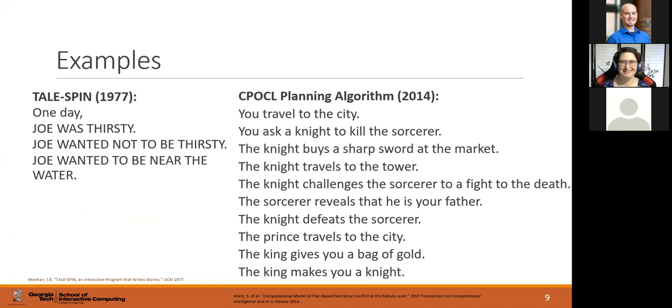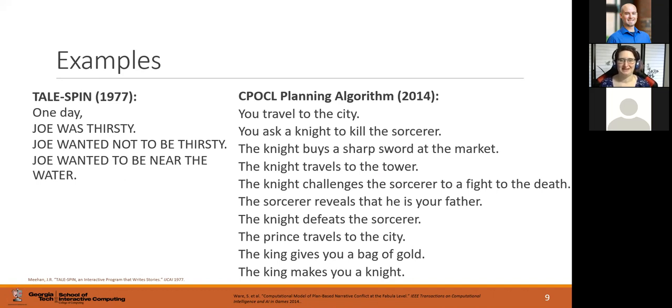The system on the right might look very familiar to you. It's actually created by Dr. Ware. Systems like these are very easy to understand, and they're very logical in the way that they flow. One of the first systems, Meehan's Tale-Spin in 1977, has the story about Joe being thirsty and wanting to not be thirsty, so he decides to be near the water to solve his thirst problem.